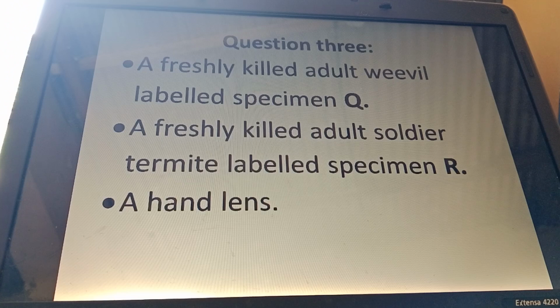So guys, with those few remarks, those are the requirements. With all those things, I'm sure you are ready to do the practical. Question 3, again, you can do it at home, because all you need to do is get the weevil. Maybe you have the problem of the termites, but anyway, if you are a student, you can easily get them from school.